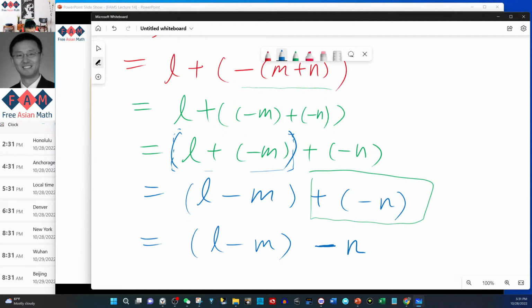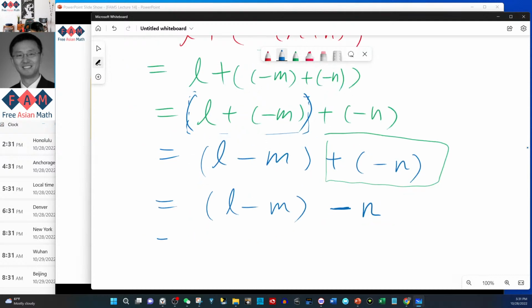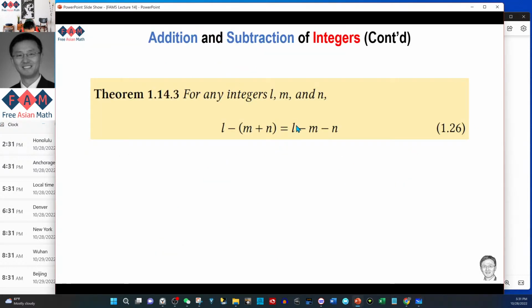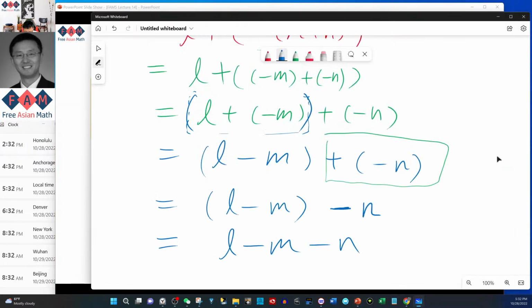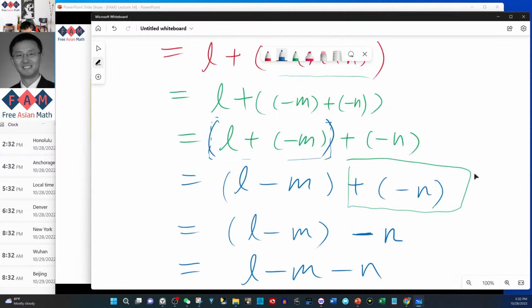Look, what do we have now? We have exactly what we want. This is nothing but this, because the parenthesis is also optional; I could put a parenthesis around the first two, but just chose not to. So this is exactly how you prove this theorem.